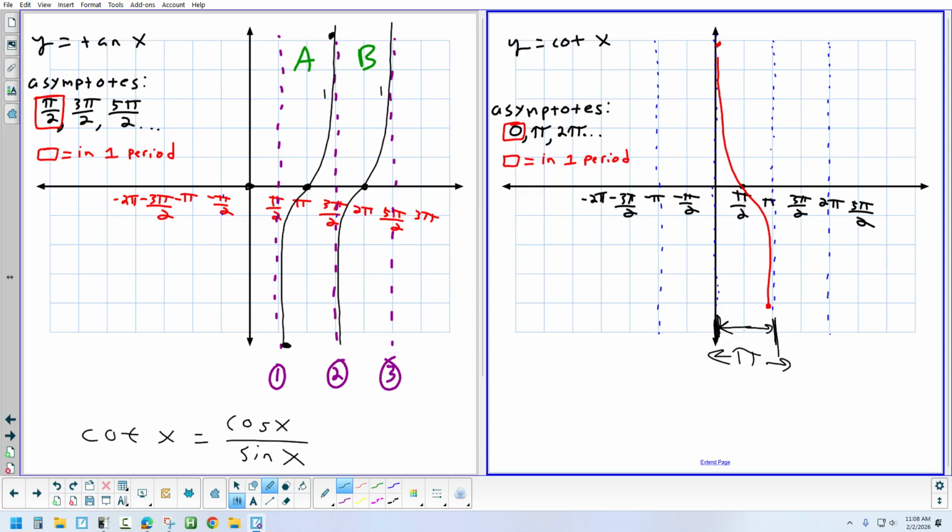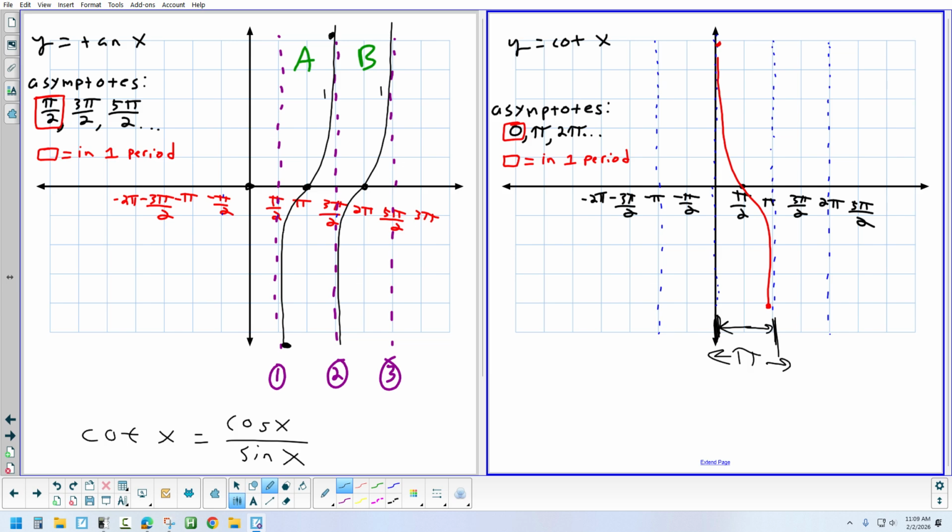For sine and cosine, how far do you normally have to travel for one cycle? It's not pi units. Yep. 2 pi. It's 2 pi units. So what that means is tangent and cotangent have a naturally shorter cycle than sine and cosine.